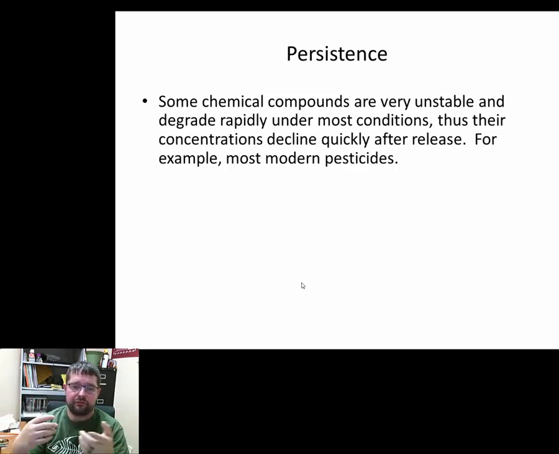When we're creating chemicals for herbicides and pesticides, we want them to degrade very rapidly. We don't want them to bioaccumulate and biomagnify at all. And we already learned our lesson with DDT, well, I hope. Most modern pesticides degrade very rapidly once they're exposed to water and things like that.